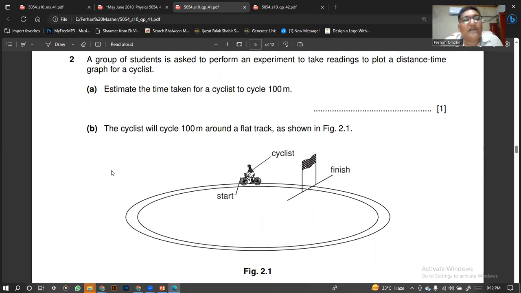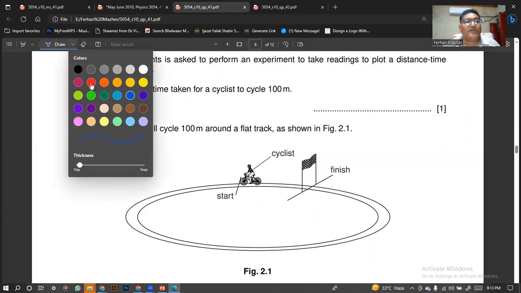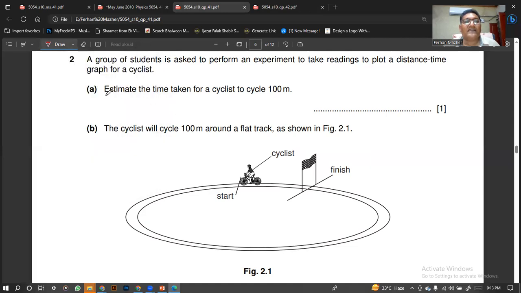Estimate the time taken for a cyclist to cycle 100 meters. It's very simple. We have to estimate. You don't have to get exactly how much time. You just have to estimate how much time it takes to cycle 100 meters. So how much time will it take for a cyclist to cover 100 meters?